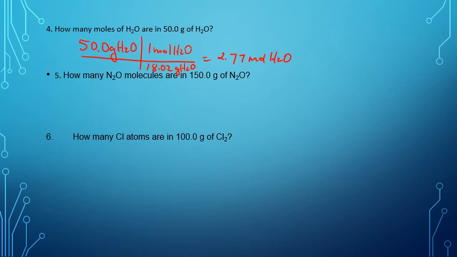In my second example, I have how many N2O molecules, dinitrogen monoxide, are present in 150 grams of dinitrogen monoxide. So in this case, I have a two-step problem once again, looking at your roadmap. So I'm going to go first from the mass to the moles, so using the molar mass. So I have 150.0 grams of N2O.